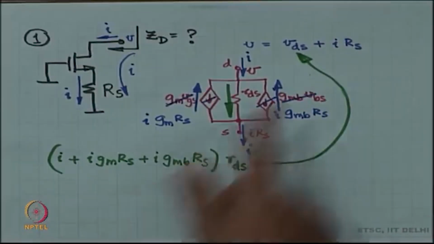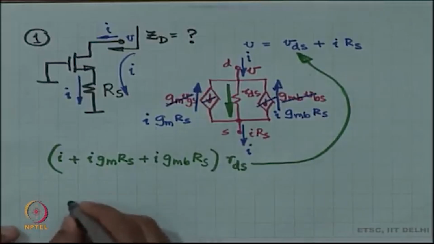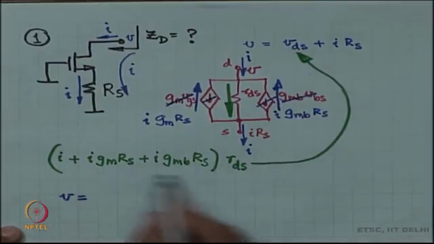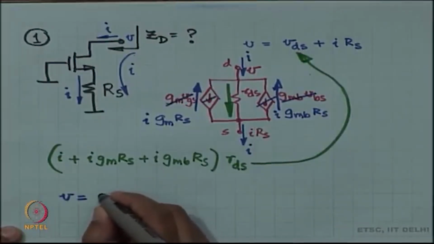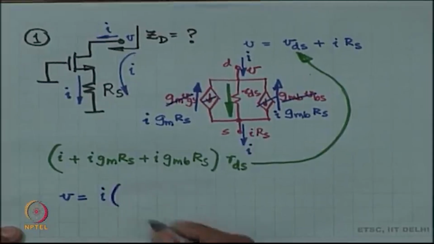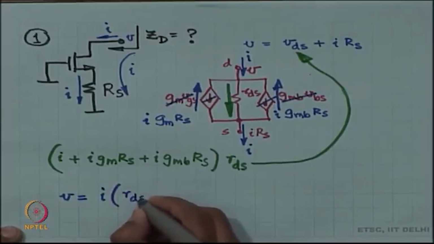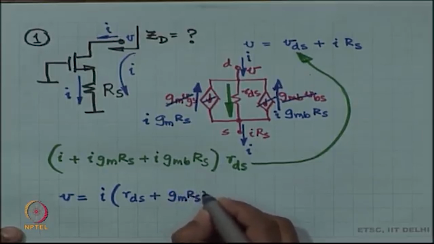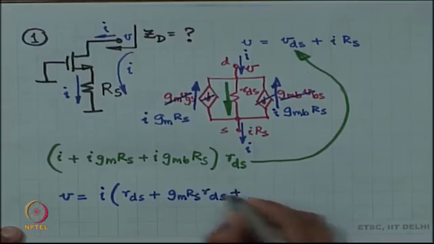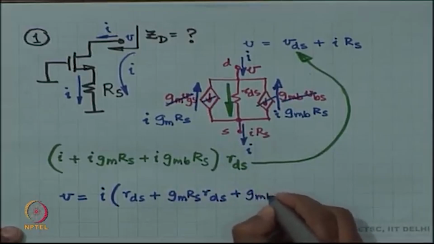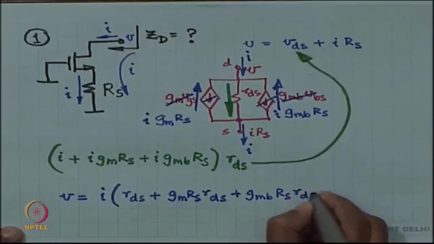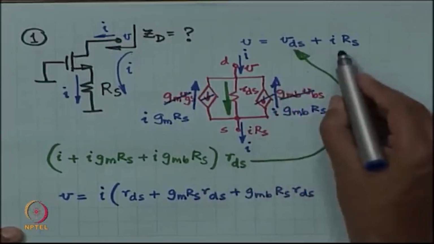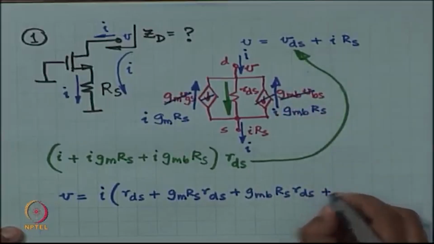Now, let us take a look, let us rewrite that top equation. So, V is equal to VDS, which happens to be this complicated expression, which is nothing but I times RDS plus GMRS RDS plus GMB RS RDS, that is VDS, and then I times RS.